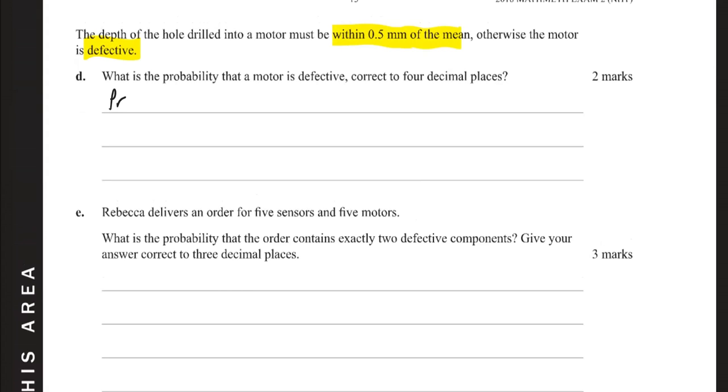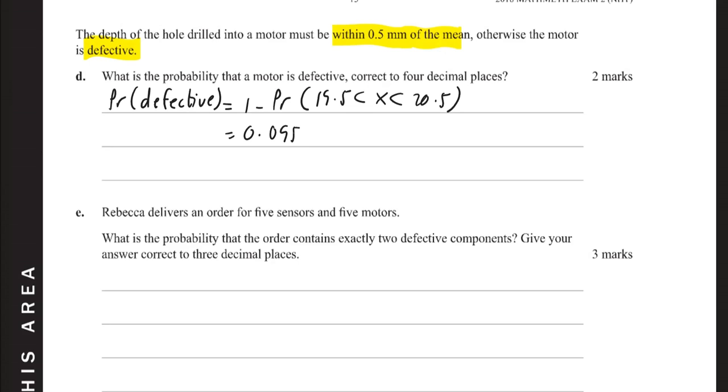Hence, probability defective is Pr(X less than 19.5) plus Pr(X greater than 20.5), and when you evaluate that, you get 0.0956.